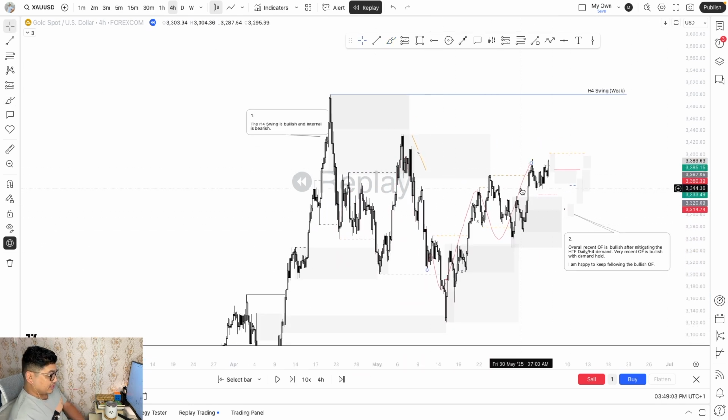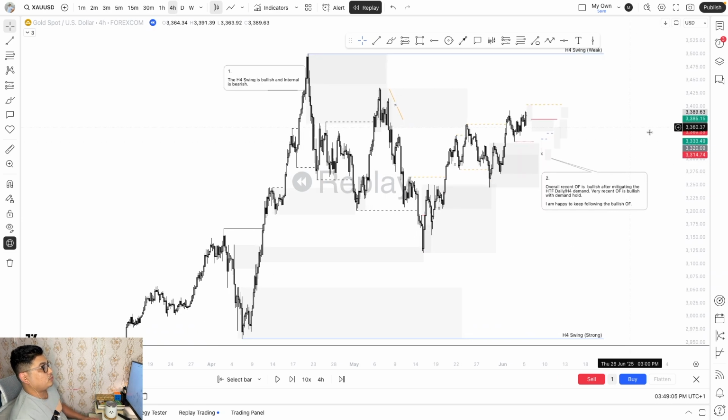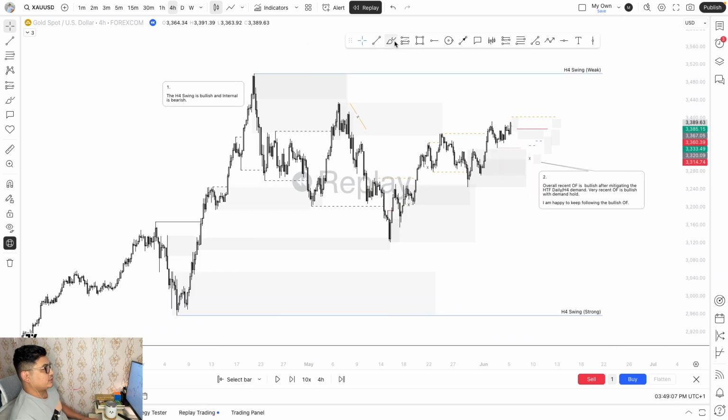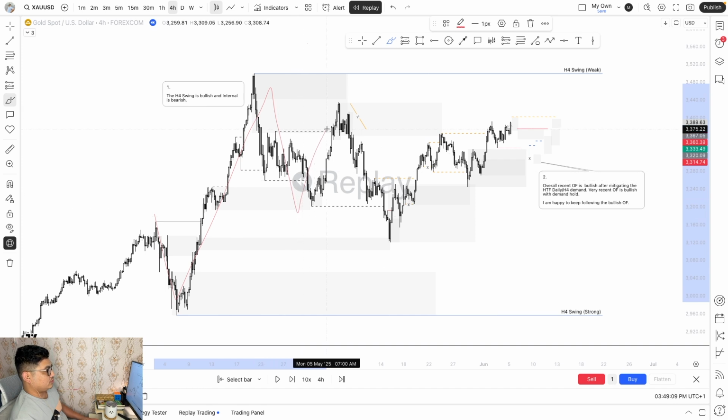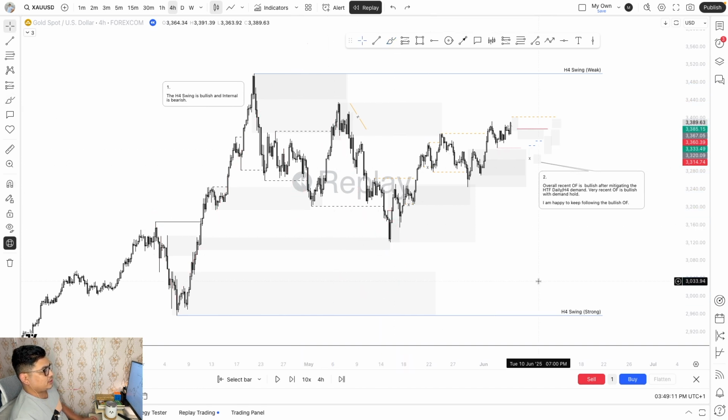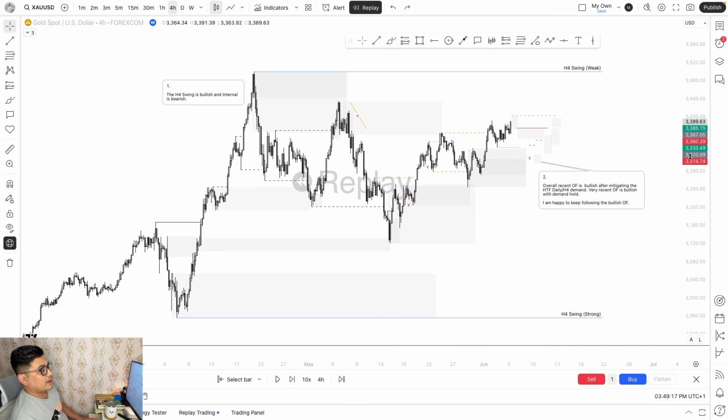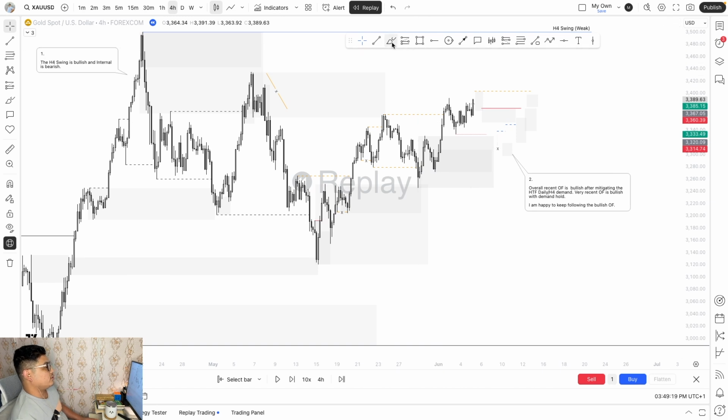The objective of internal is to facilitate the pullback for the swing structure, which is here. So it looks like it has already pulled back to enough of an area. So now price is heading towards running the week high, right? So I'm happy and willing to take a long trade until it fails.